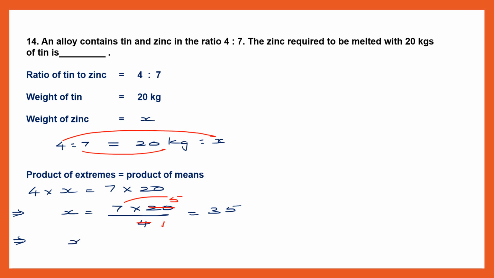We have found x, and x is 35. And what is x? x is the weight of zinc. So zinc is 35 kg. This is our answer. We can write it in the blank also. So let's write there 35 kg.